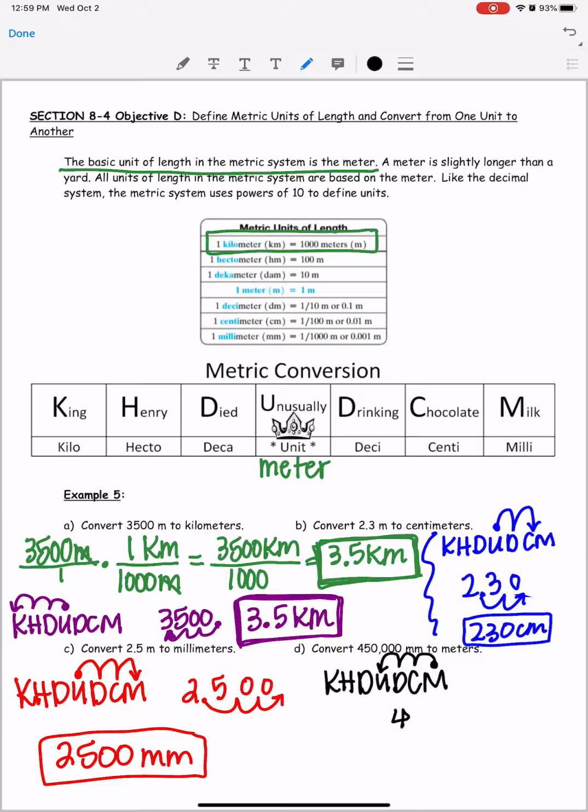So I've got 450,000. I'm going to take away that comma. If you don't see a decimal, your decimal's at the very end. So move it 1, 2, 3 units over to the left. This becomes 450 meters.